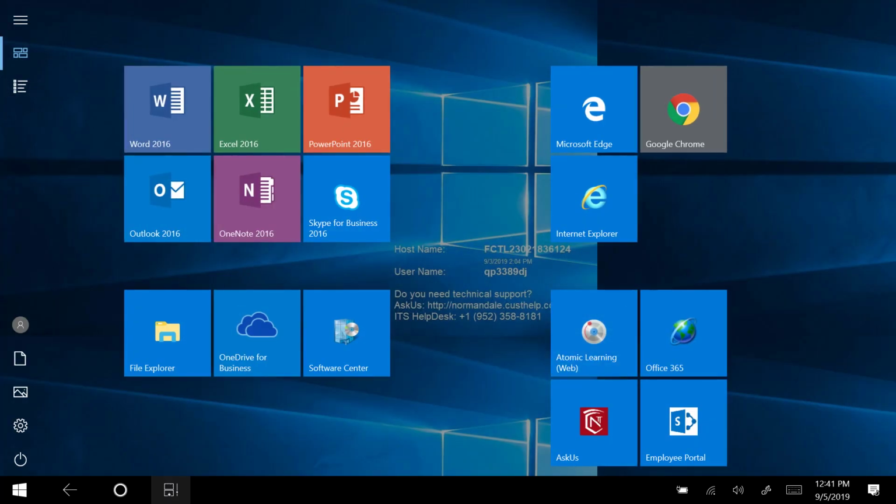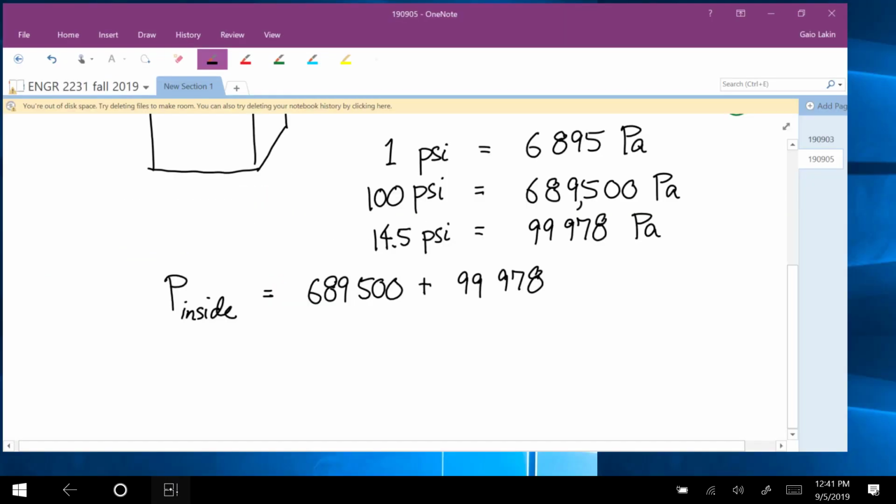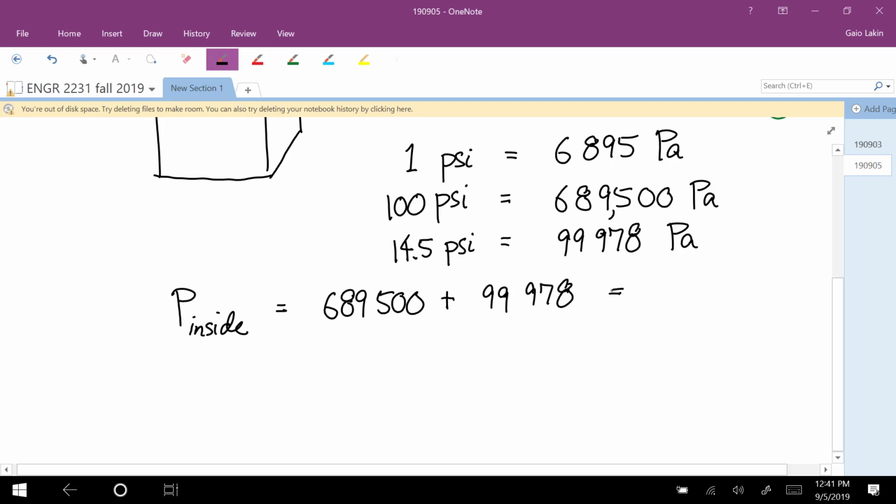And what do you get when you add those together? 789,478, and that's in pascals. This is the absolute pressure on the inside.